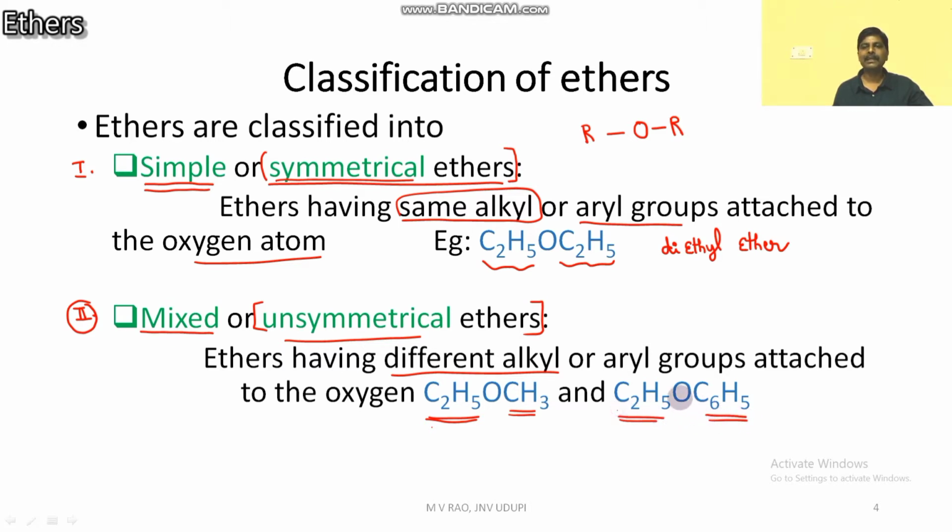Ethyl phenyl ether. Both are different, then they are called unsymmetrical ethers. You can write like this, ROR dash. R is different from R dash. One alkyl group is R, another alkyl group is R dash. So ethers are classified into two types, simple ethers and mixed ethers.